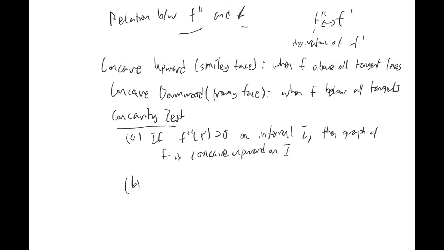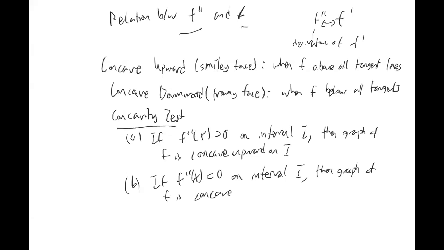And B, if f double prime of x is less than 0 on interval I, then the graph of f is concave downward on I.